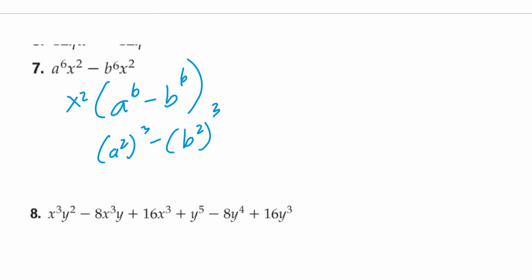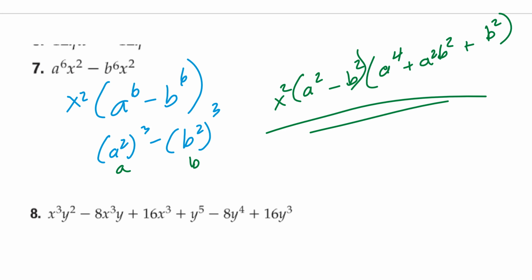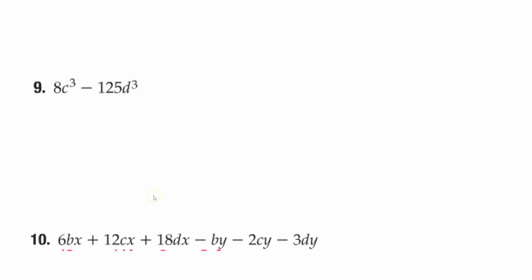Alright, so that's a tough one because it is a cube, but it's not the normal cube. Just be my a, my b, so I'd get same, and then you gotta square it, so it'll be a to the 4th, opposite, so a squared b squared, and positive, and it's that one squared. And don't forget the x squared in front, so that's a funky one. That's another factor by grouping, we'll skip all of those, those are easier ones.